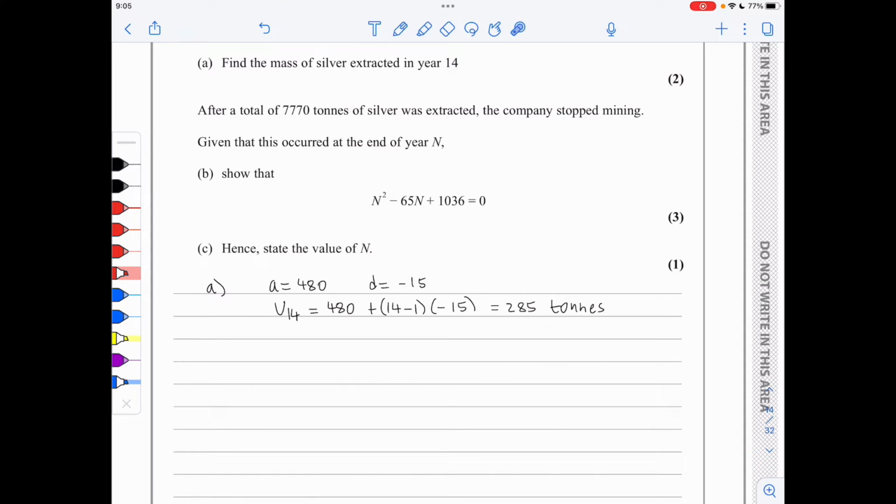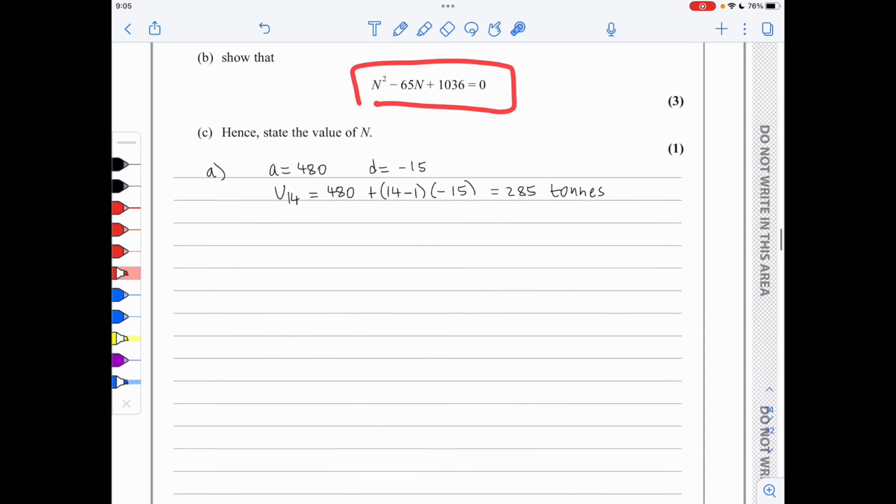And then after a total of 7,770 tons has been extracted, we've stopped mining. Given that this occurred at the end of year capital N, show that capital N satisfies this quadratic here. So what we have here is that the summation of the first N years gave a result of 7,770.